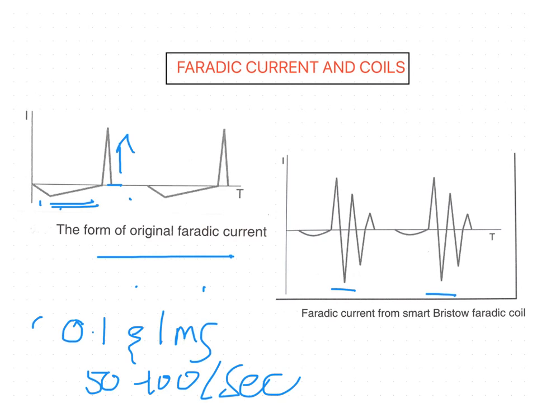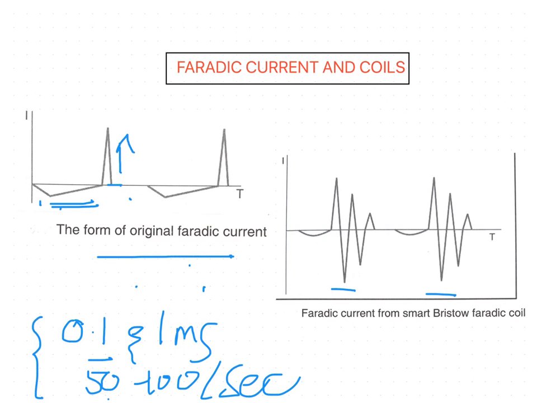If such an impulse can be produced, then it gives the physiological effects of the original Faradic type of current. So a Faradic type of current is a short duration interrupted direct current with pulse duration of 0.1 to 1 millisecond and frequency of 50 to 100 hertz.